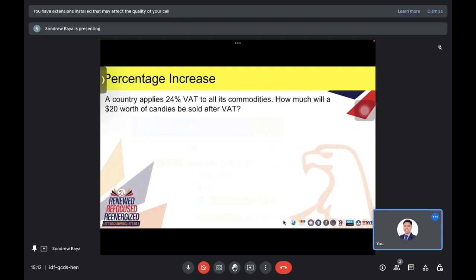All right? And right now, we are actually clueless as to what 24% is equal to. So this is something that we do not know yet as of the moment.